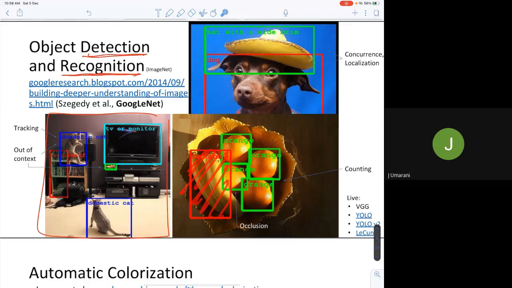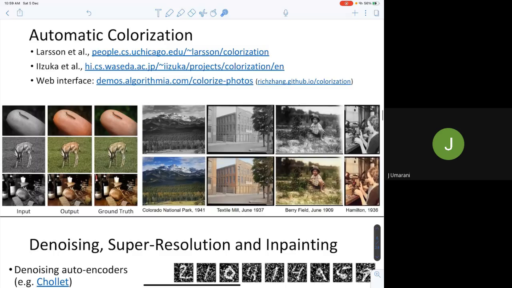Now see automatic colorization: I have black and white images like this. Given images like this, I can convert them into colored images like this. Given any input like this, I can convert it into the colored version, and you can see that this was the actual colorization.